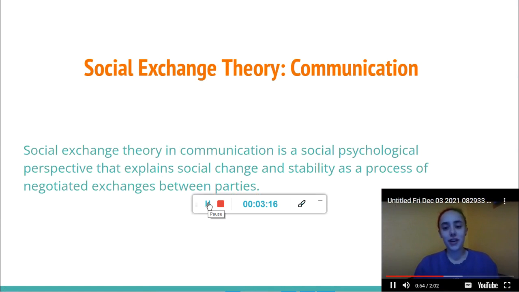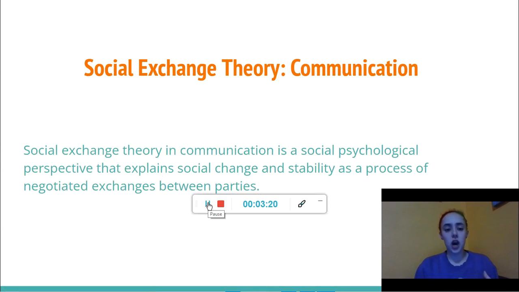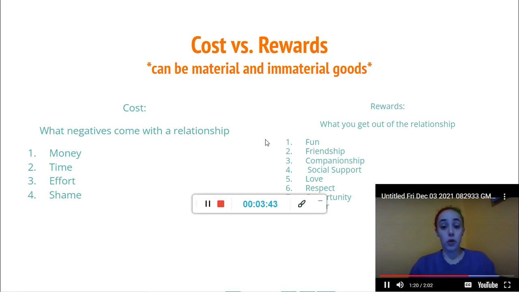Social exchange theory is based on the social behavior that stems from an exchange of cost and rewards. Social exchange theory is communication in a social psychology perspective that explains social change and stability as a process of negotiated exchange between parties. The positive side of a relationship are the rewards.